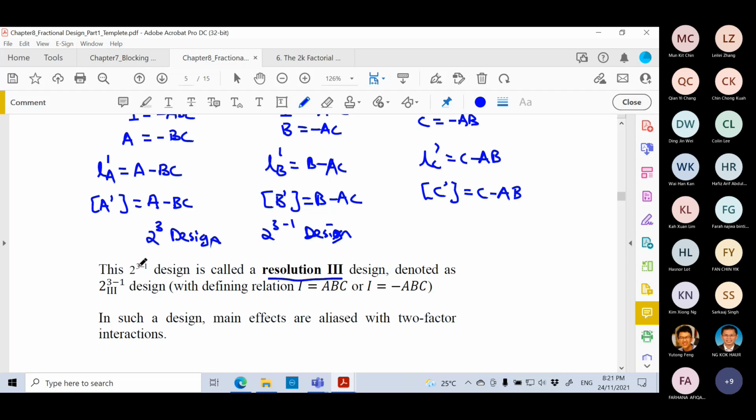Therefore, we have a 2 power of 3 minus 1 design, and this one is called the restoration tree. I will explain later why it's a restoration tree, because this will be related to the generator here. For the time being, we call it restoration tree because we have the 3-factor interaction.